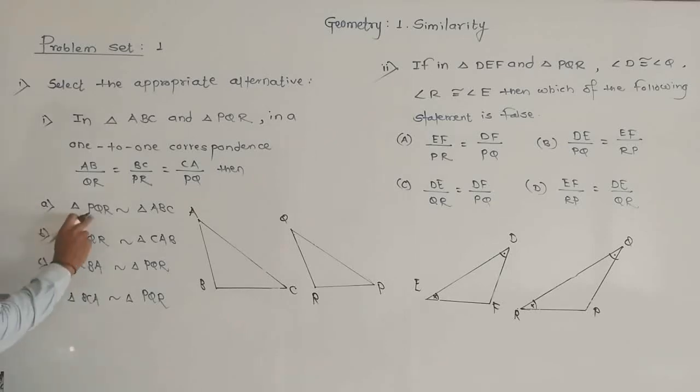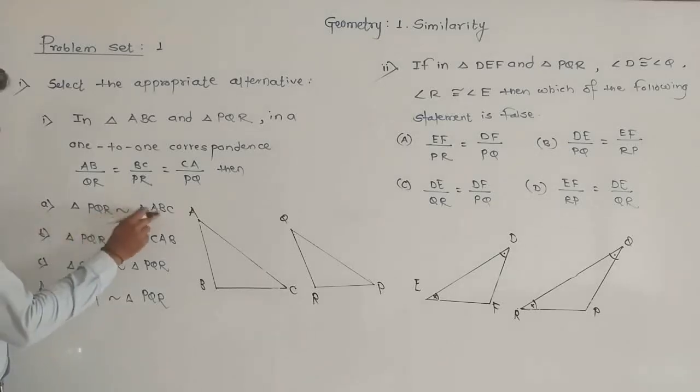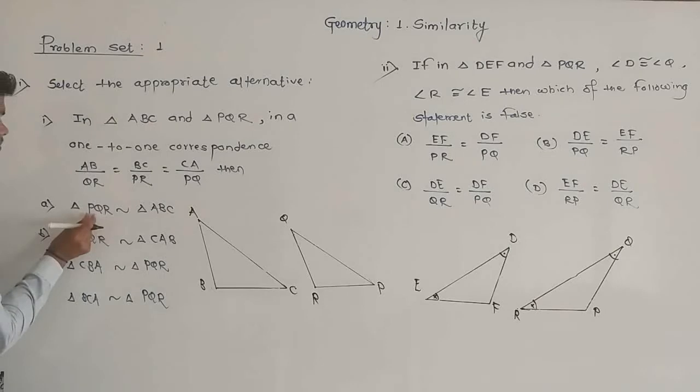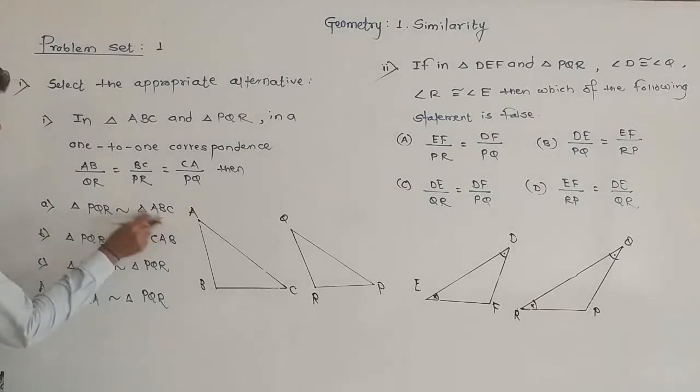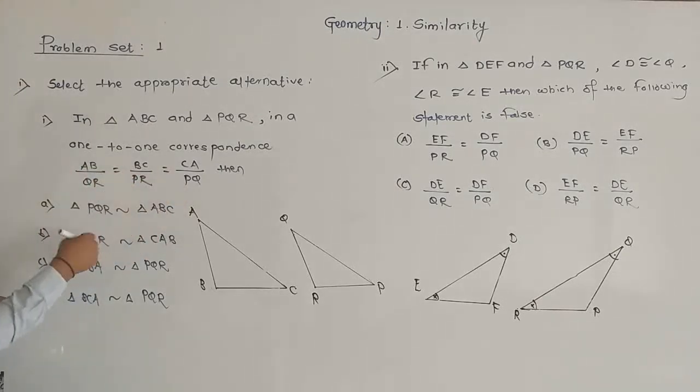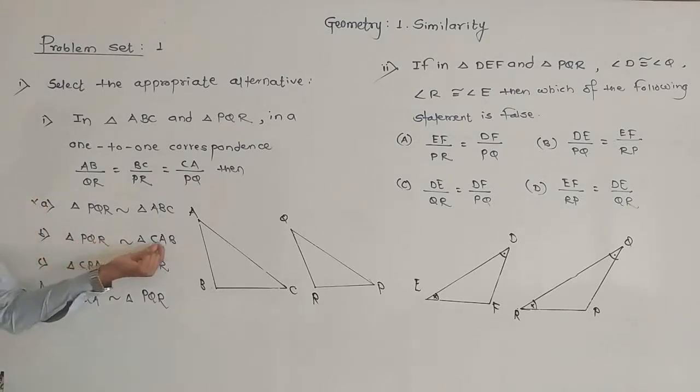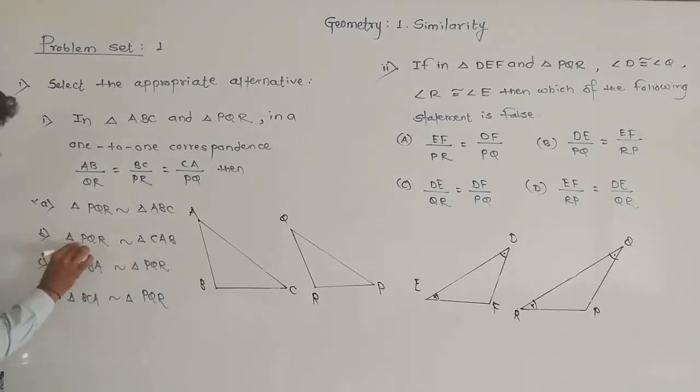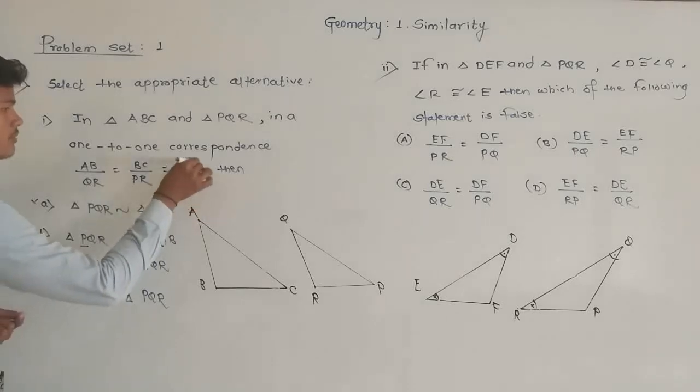Okay. If triangle PQR is similar to triangle ABC, then segment PQ is proportional to AB. That does not appear here. Okay, next. That means this statement is false. Now, if triangle PQR is similar to triangle CAB, then segment PQ is proportional to AC.